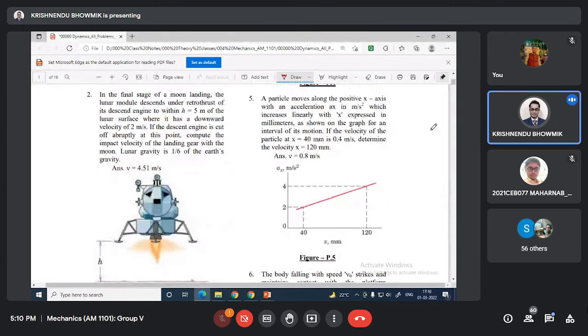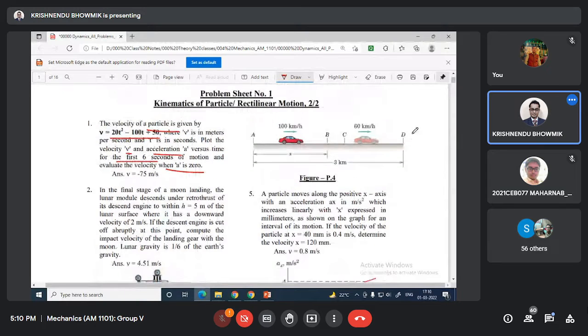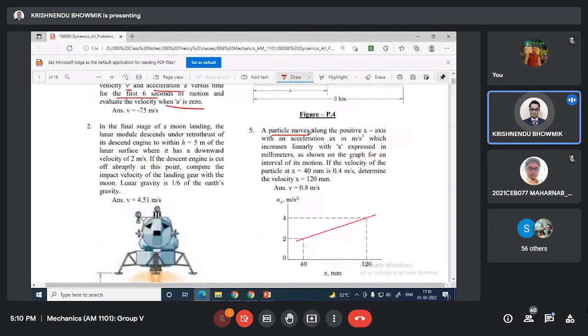Maybe we will solve these problems. One particle is moving along the positive x-axis with an acceleration ax in meter per second square, where x is represented in millimeter.